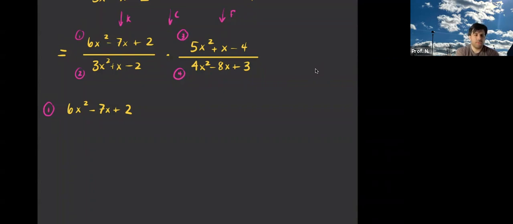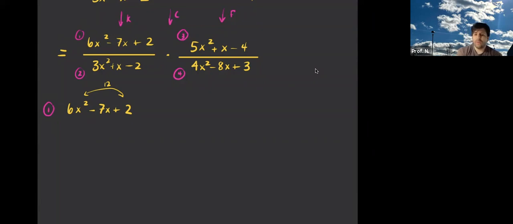We need 4 terms, right? So we need to do 6 times 2, which is 12, and then what do we ask ourselves?